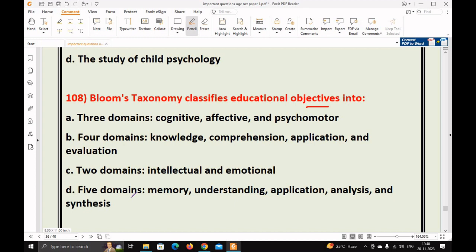The right answer is Bloom's taxonomy classifies educational objectives into 4 domains, and the domains are knowledge, comprehension, application, and evaluation. So it's an important question.